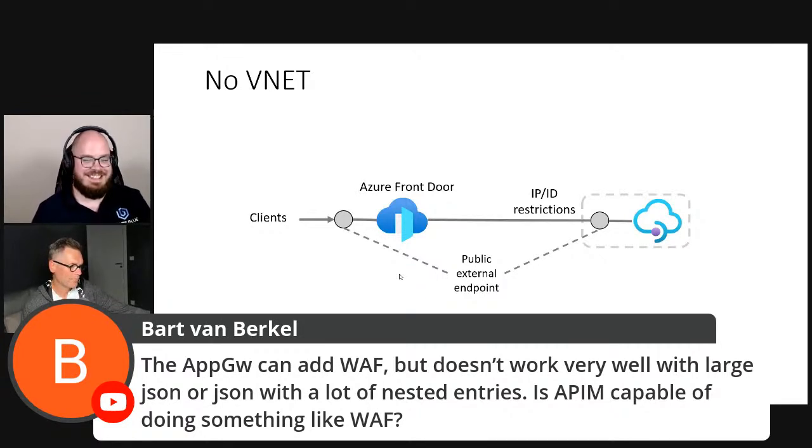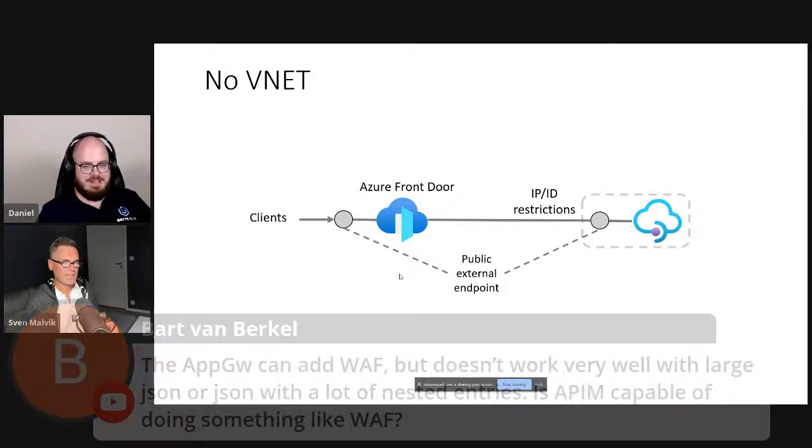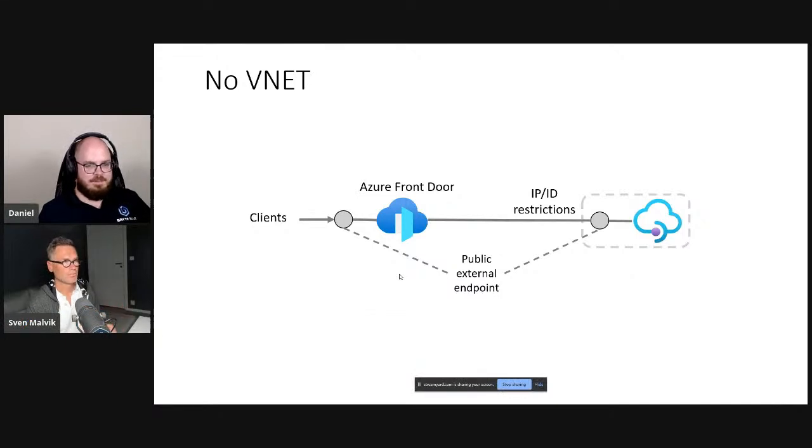So that's why we are working on having firewalls basically as close to the application as possible. So I think API management is not so great at this point. Okay. That's a good answer, I think.